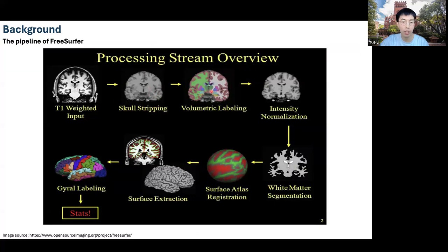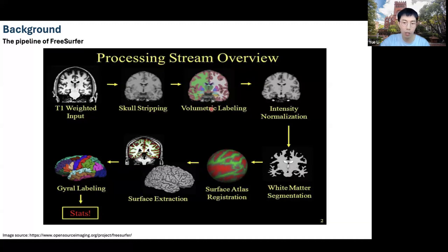Next, it runs automatic volumetric labeling using an atlas-based Bayesian method. This combines the actual tissue intensity with spatial priors learned from manually labeled brains. In this step, not only the gray matter and white matter, but also the amygdala, thalamus, caudate, putamen, and brain stem are segmented.